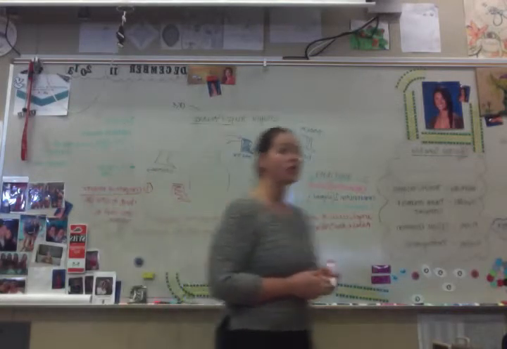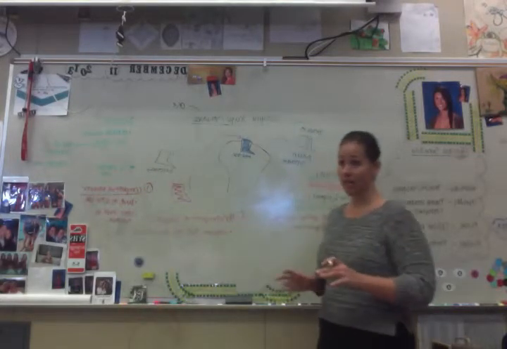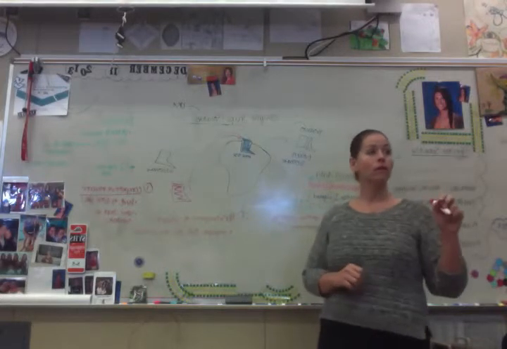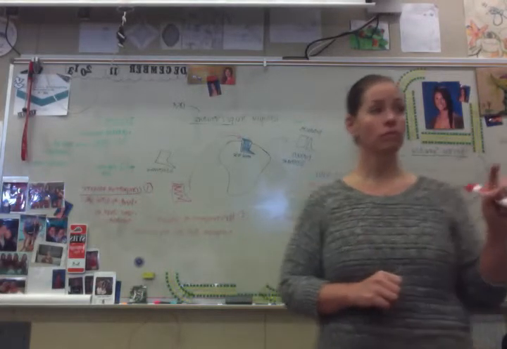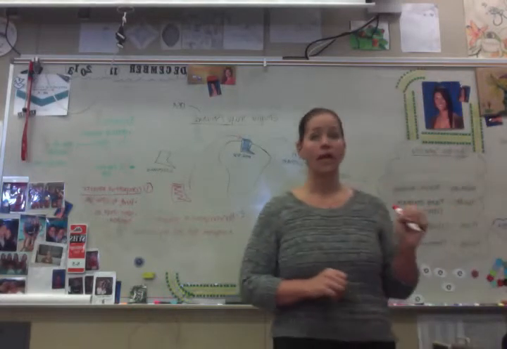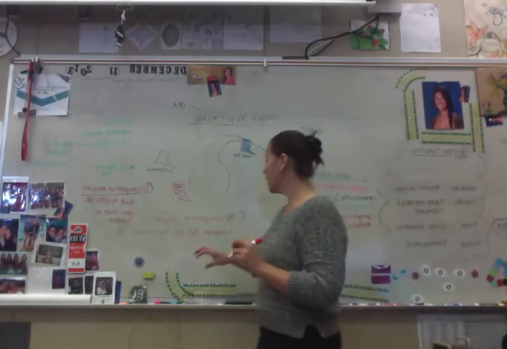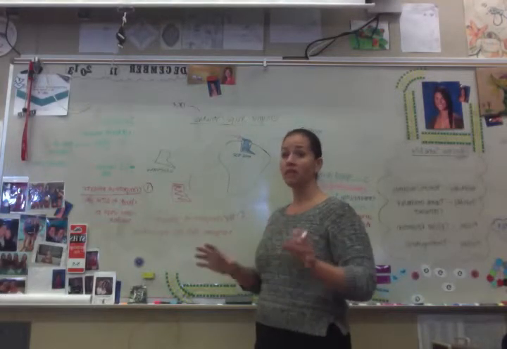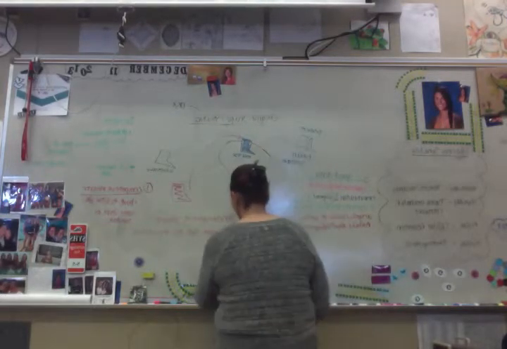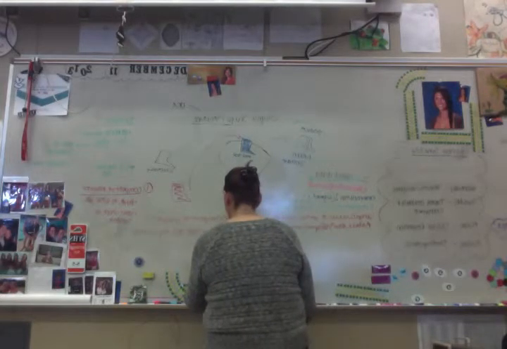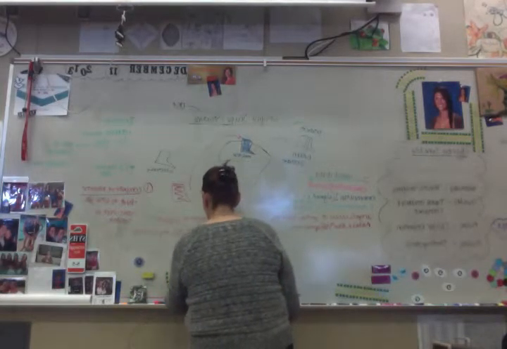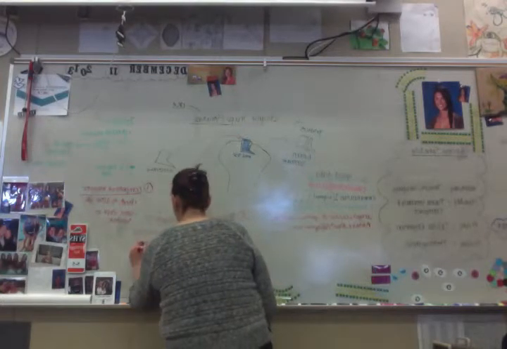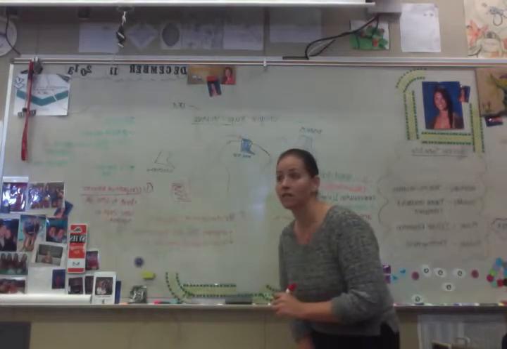Okay, when it binds to anywhere not the active site, what does it cause to happen? It causes the active site to change so that the substrate can no longer bind. Exactly. So just in case you didn't hear, when it binds to a place on the enzyme, not the active site, it causes the shape of the enzyme to change, specifically in the active site.